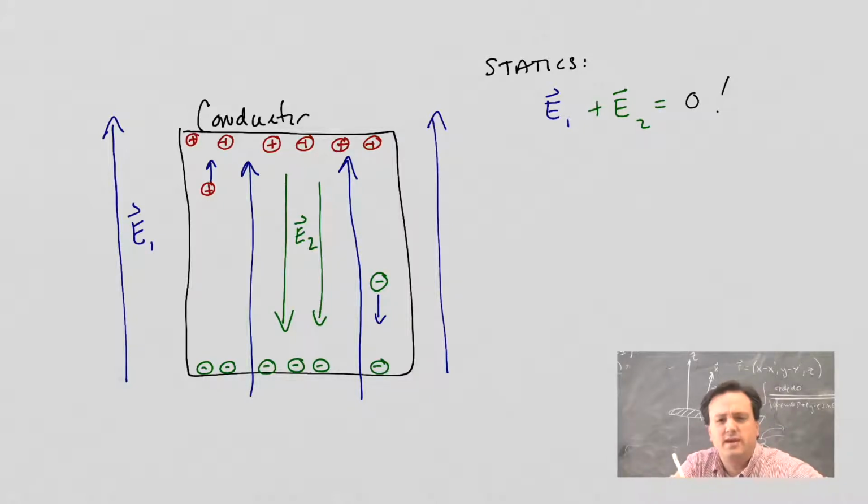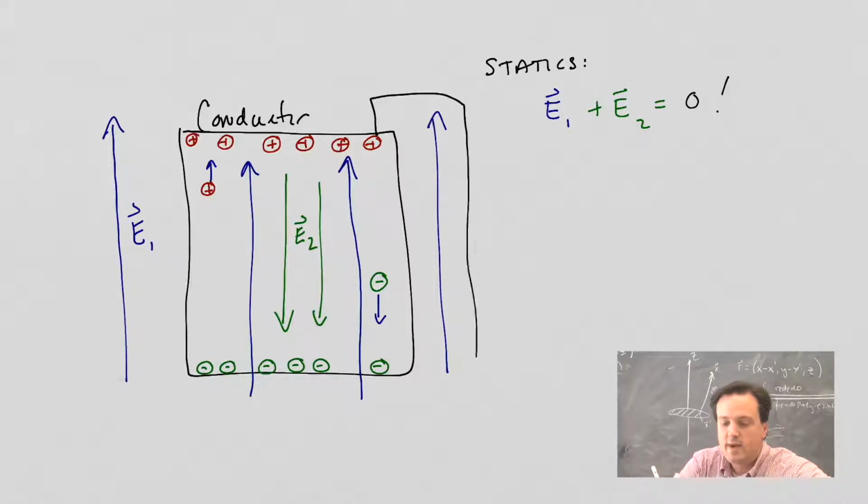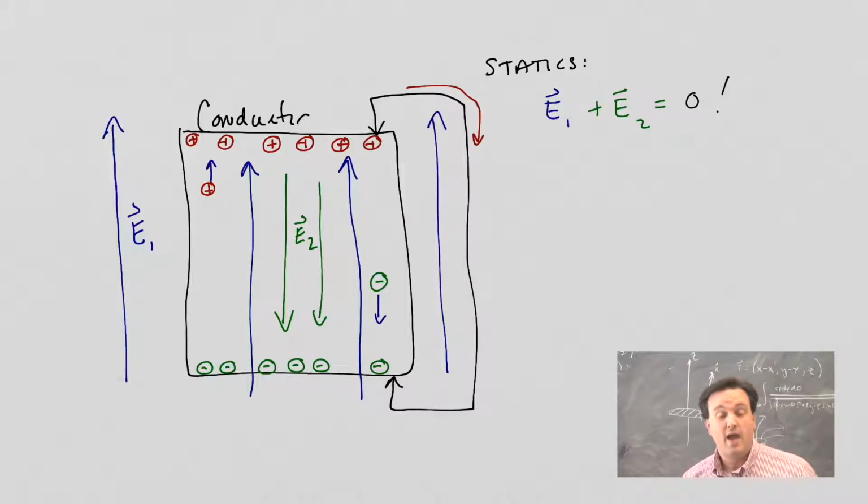But another interesting thing can happen in this situation. If I have all of my positive charges lined up on the top of the conductor and all of my negative charges lined up on the bottom, these charges are still being pushed outward, right? They're still being pushed by the external electric field. And so if I provide them a situation where there's another path, then what can happen is that these charges can actually flow along the outside of this circuit, and they can then go back into the conductor from the other end.